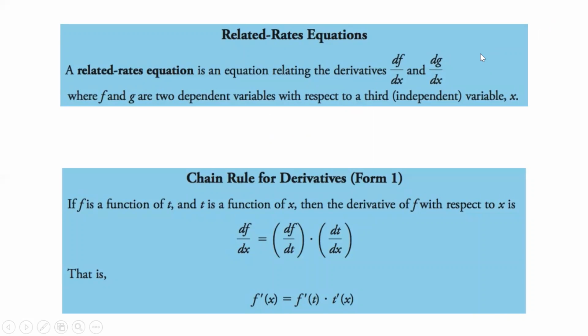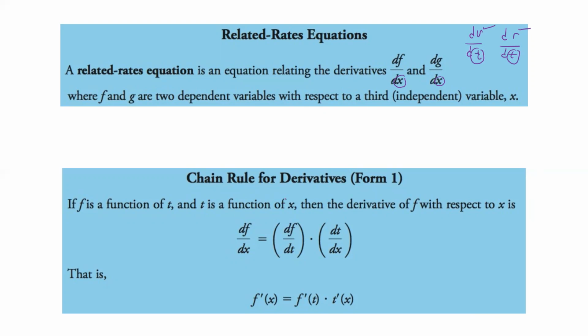Now, with related rate equations, we have df/dx and say dg/dx, where f and g are the dependent variables, and that's with respect to the third variable, which is independent, and that's our x. In a lot of our problems we might have a dV/dt and a dr/dt, and so time is that third independent variable, whereas the volume and the radius are dependent.